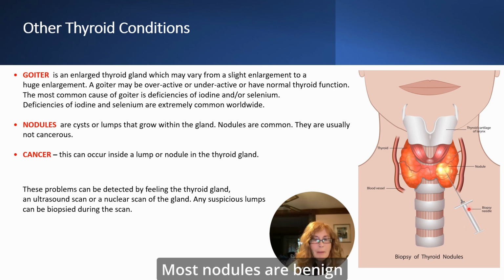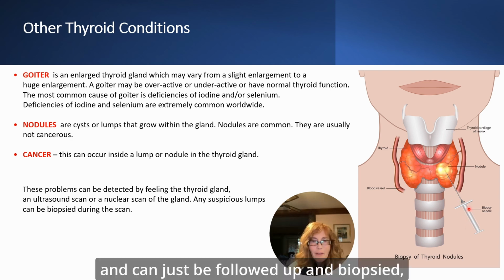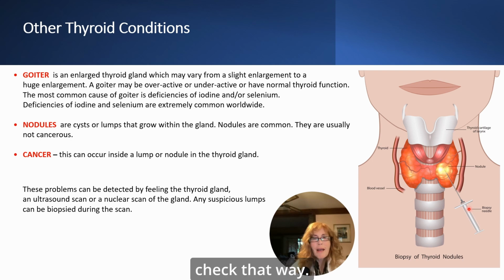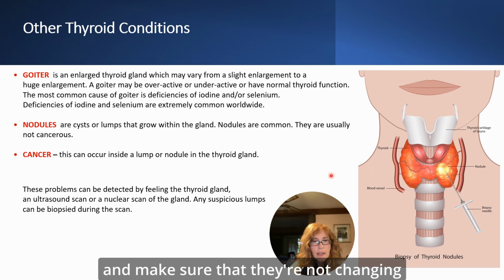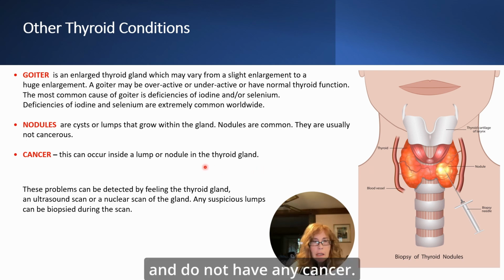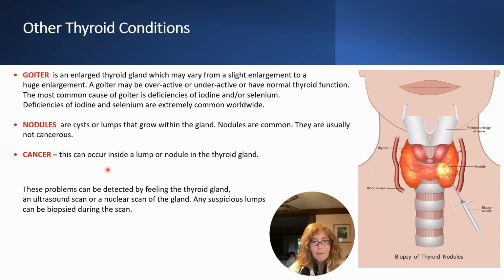Most nodules are benign and can just be followed up and checked that way. But they do need to be followed up, have a scan every 6 to 12 months and make sure that they're not changing and do not have any cancer.